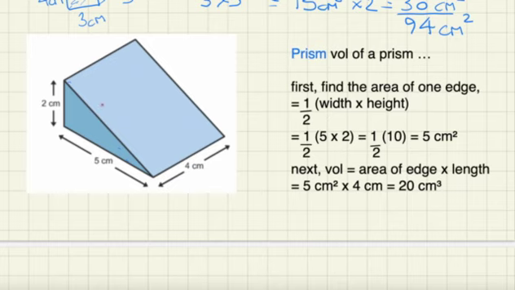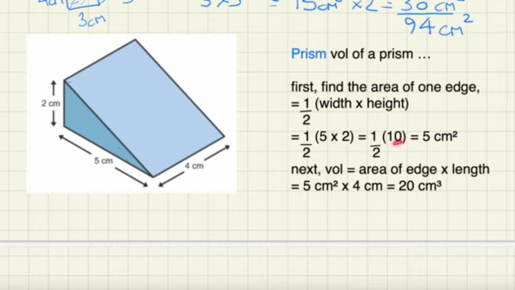And so it is width, 5 centimeters, multiplied by height, but half the product. So that's where this half comes in. So this is half multiplied by the width by the height. And then if we substitute all the actual values into the formula, we see that the width is 5 centimeters, the height is 2 centimeters, so that's half of that.